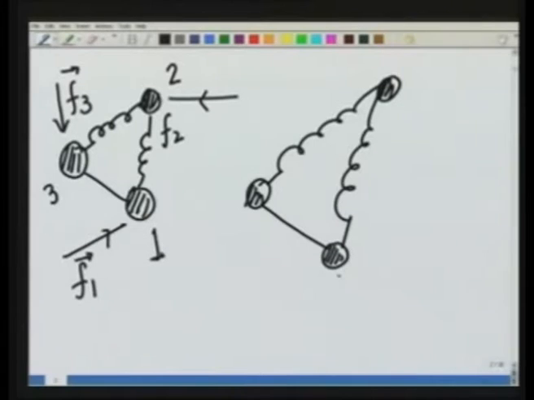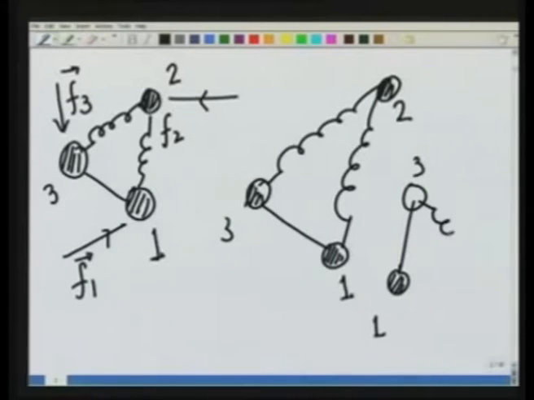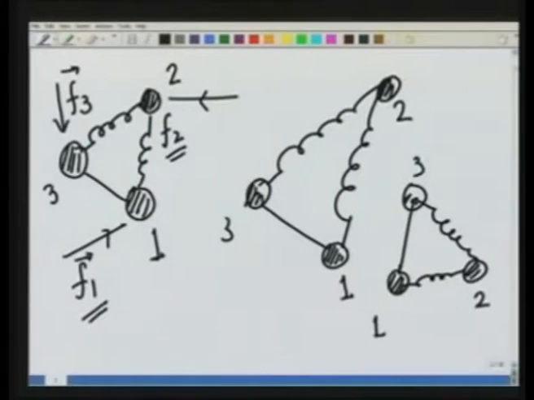That is, if this is particle 1, 2 and 3, other situation I could have is maybe particle 1 is here, particle 3 is here, and this is particle 2. In other words, under the influence of these forces F1, F2 and F3, the body could deform, that is, the distance between the particles could change and it could change its orientation.